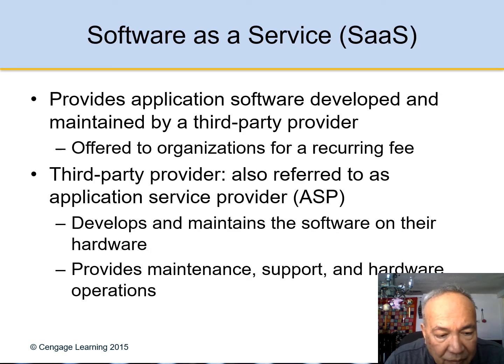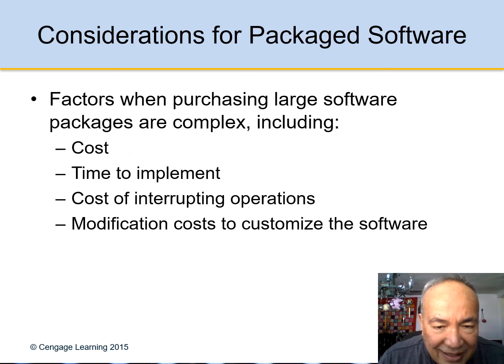And then you have third-party providers. These are all the contracts that are available out there, and some are software as a service. They have all these programs, and then you rent it from them. It's like renting an apartment or something.